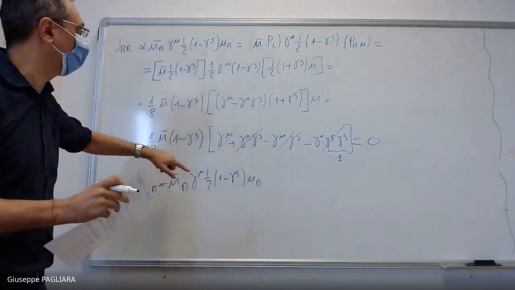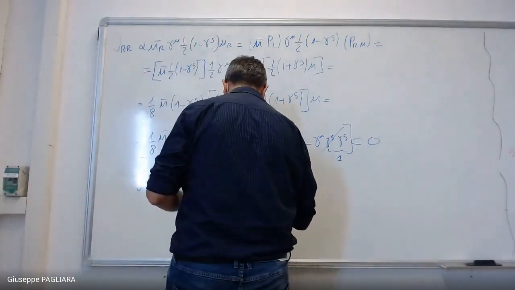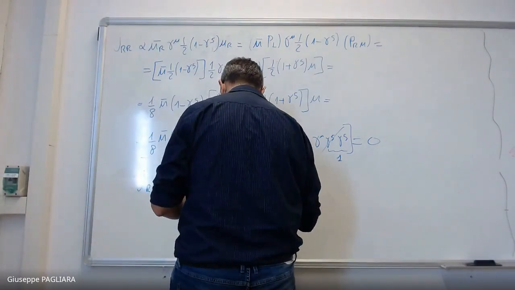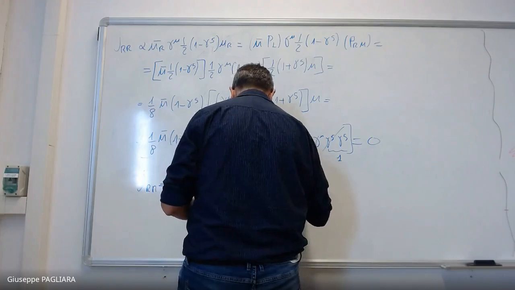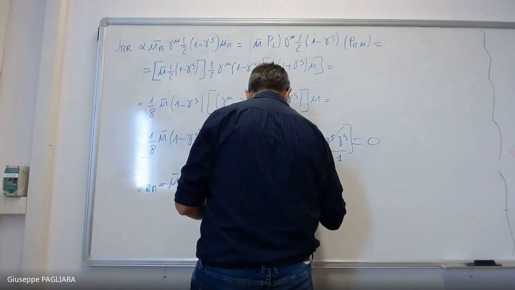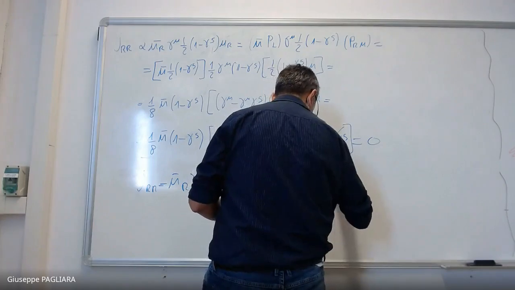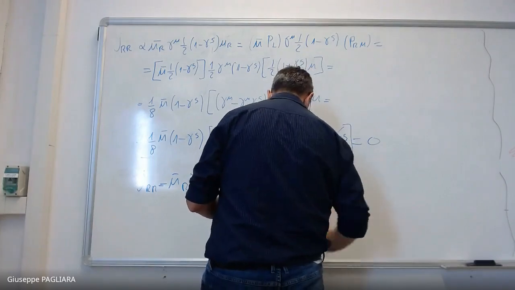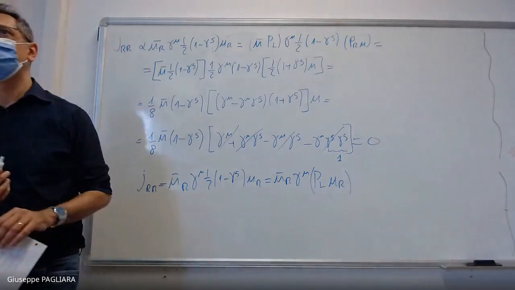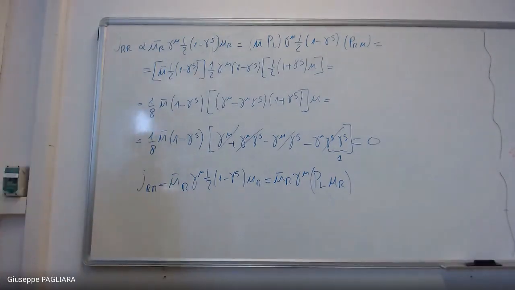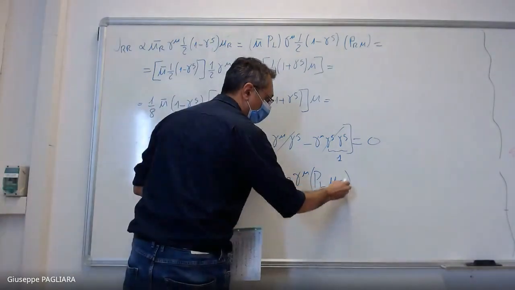We start from the same point, but now we recognize that this is just the left-handed projector. Then we get γ^μ, and this is now just the left-handed projector acting on the right-handed spinor. The two are orthogonal, so this is 0.